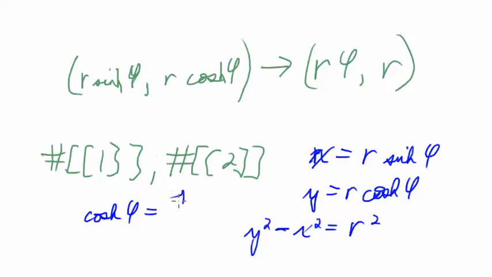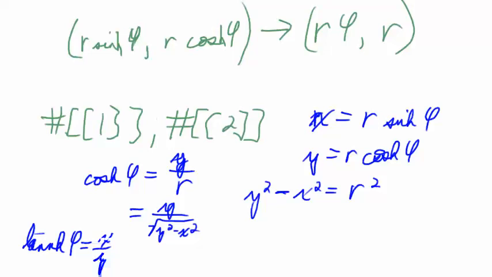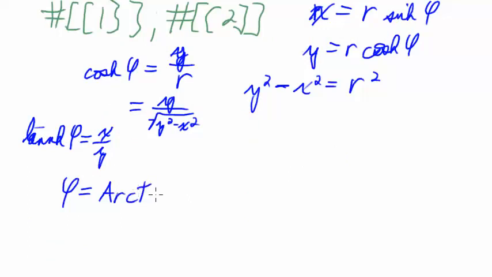Cosh phi is y over r, which is y over square root of y squared minus x squared. And tanh phi is going to be x over y. So phi would be arctanh of x over y.